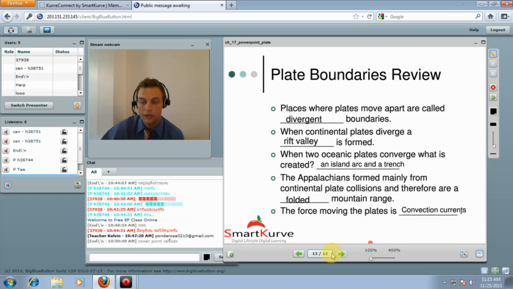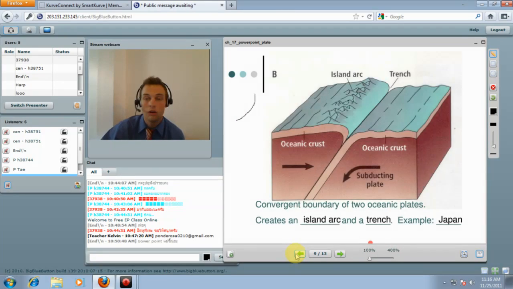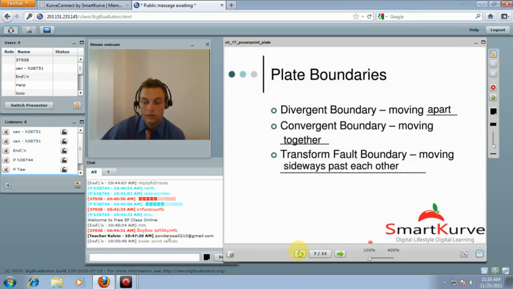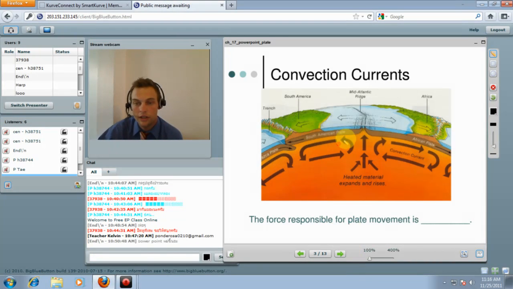The force moving these plates is the convection currents. So let's go back to the first slide, or I guess the third slide. It's important to know that all these really amazing geologic events are happening because of what's happening underneath. What's driving the movement of these plates is this liquid, kind of the current.